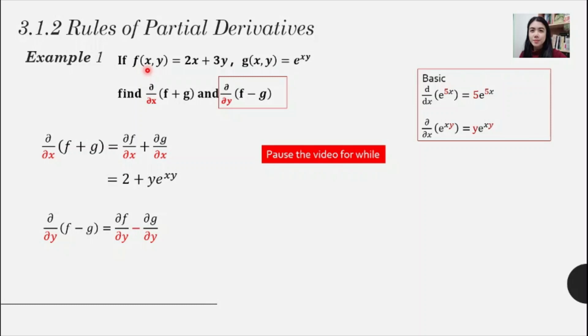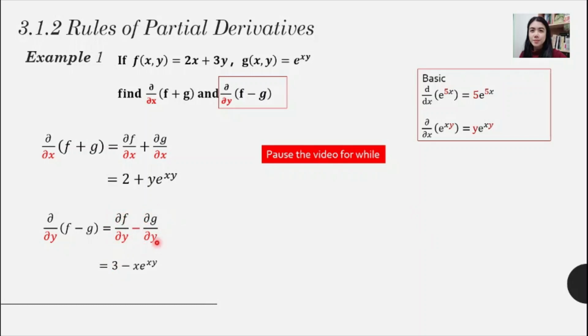You want to differentiate with respect to y, you focus on y. So this one is not y, so this is a constant. You differentiate a constant, you have 0. And then this one, if you have the y here, if you differentiate 3y, it basically gives you 3. So this is the result for the first part.